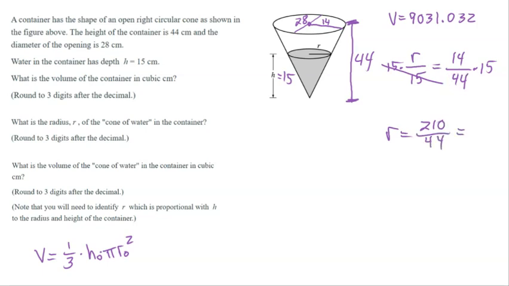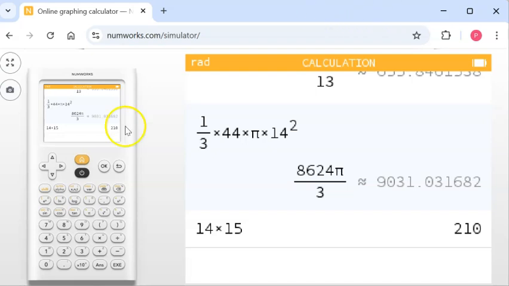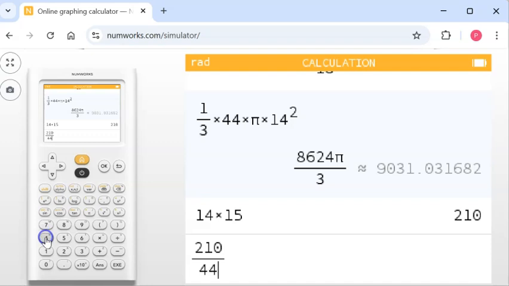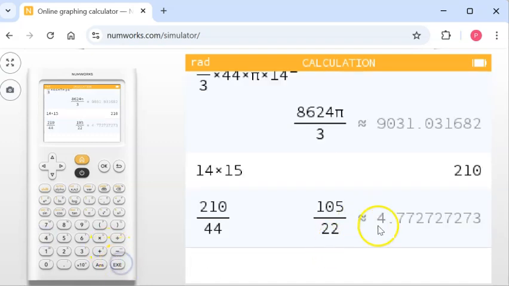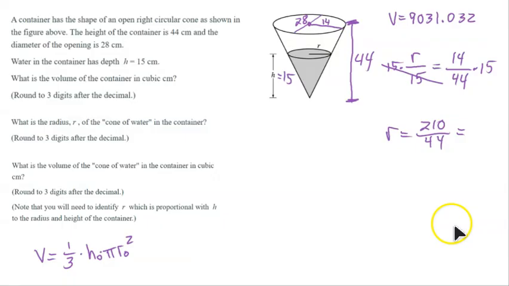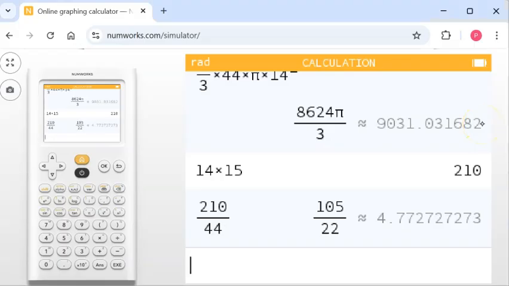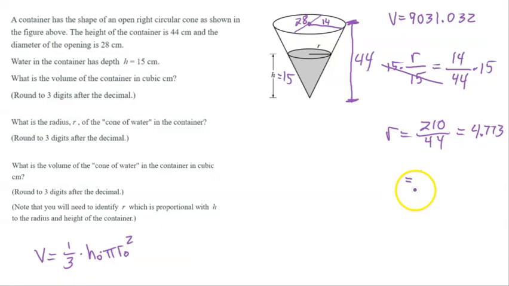Now if we key that in the calculator, we'll do 210 divided by 44, and that gives us 4.773. Also, look, it reduced the fraction from 210 over 44 to 105 over 22. So it's also the same thing as 105 over 22.